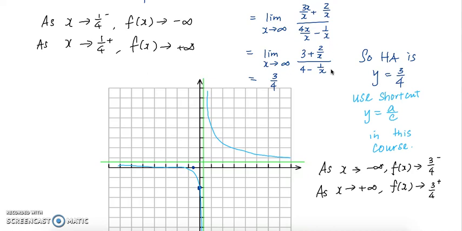What does this mean? If x is a really large number, let's say 1 million, what will the value of this whole unit get really close to? Imagine if I divide 2 by 1 million, what number will it get really close to? It will be almost 0.